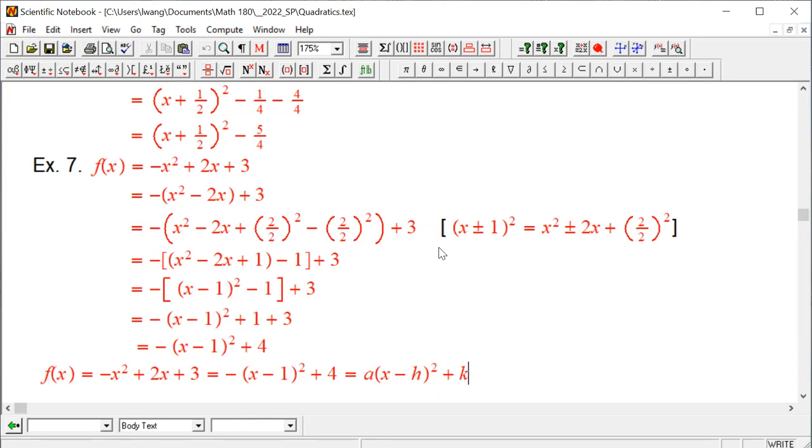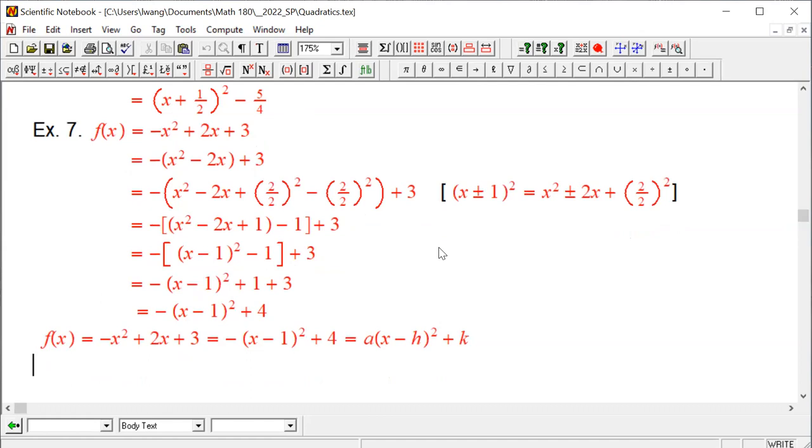So this is the one where you have a negative sign in front of it. A is no longer 1, A is negative. And you say, what if A is 2, 3, 1/2? No problem, we can handle them. The major technique is just to pull it out.